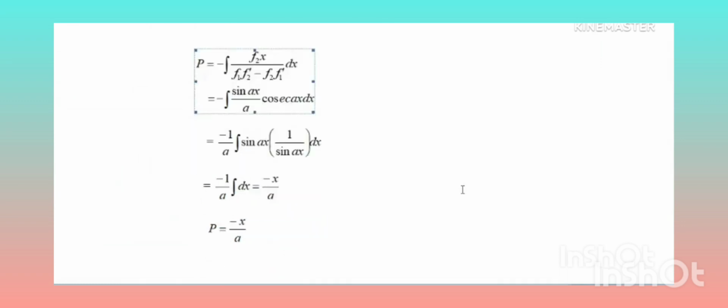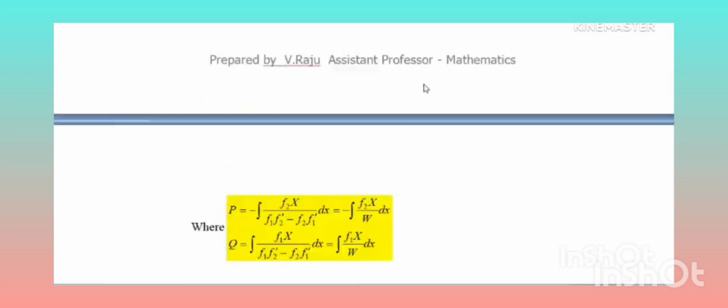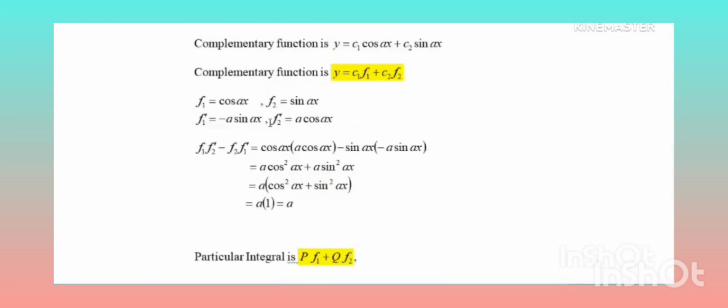So P is equal to minus integral f2 X divided by f1 f2 dash minus f2 f1 dash into dx. Using the formula, we integrate it: minus, what is f2? Already you know f2 is equal to sin ax.